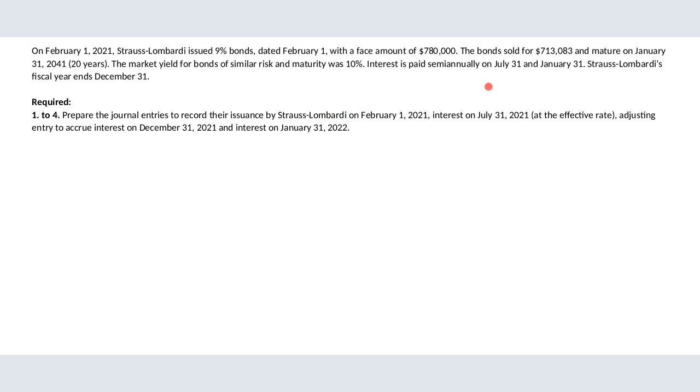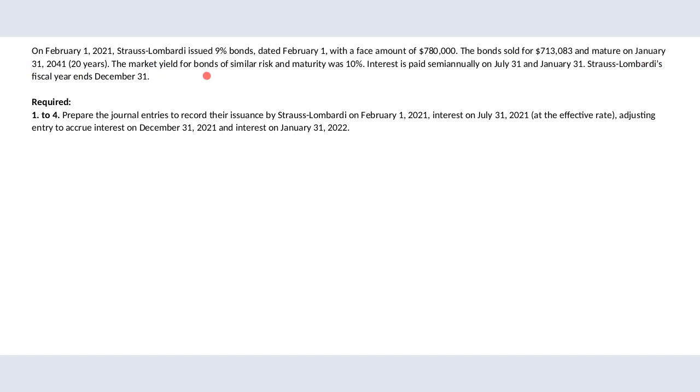This one, I think we have to accrue the interest. They issued it on February 1st, 9% with a face amount of 780. The bonds sold for 713.83 and mature on January 31st, 2041.